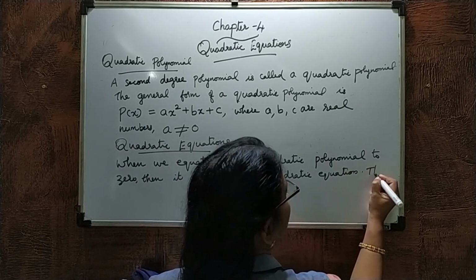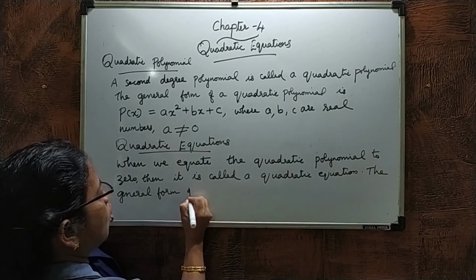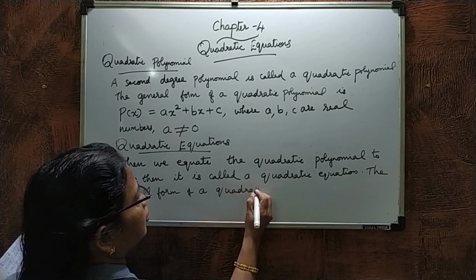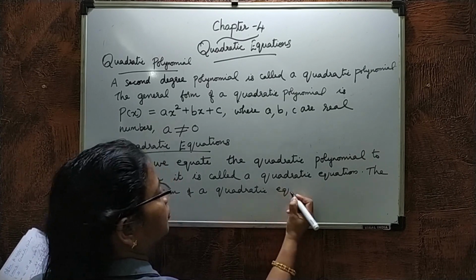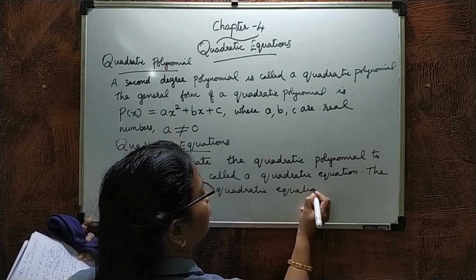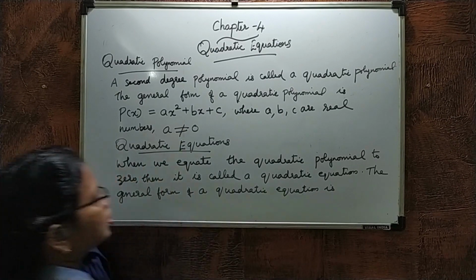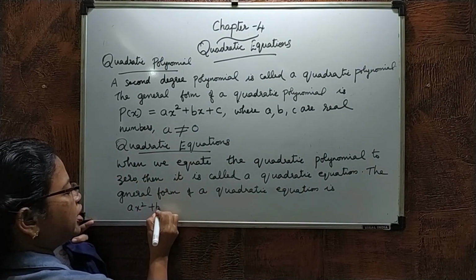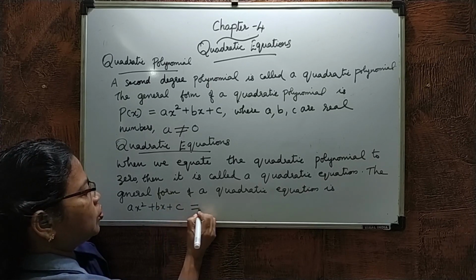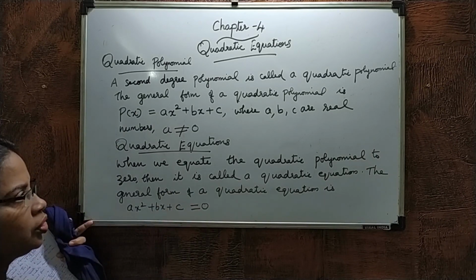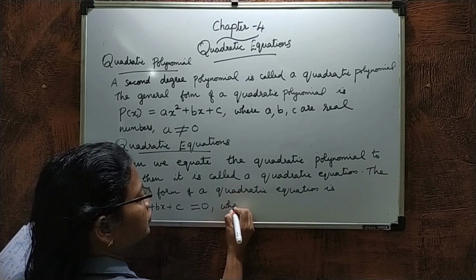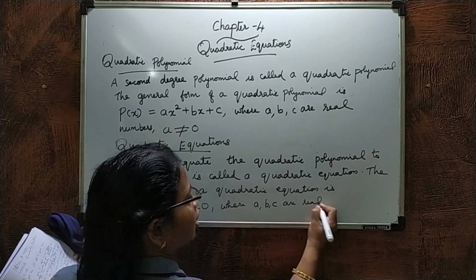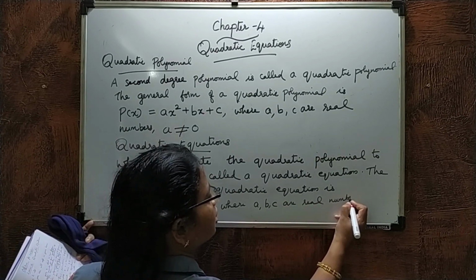The general form of a quadratic equation is, what you can write? ax square plus bx plus c equal to 0, where a, b, c are real numbers, and one more condition, what is it?